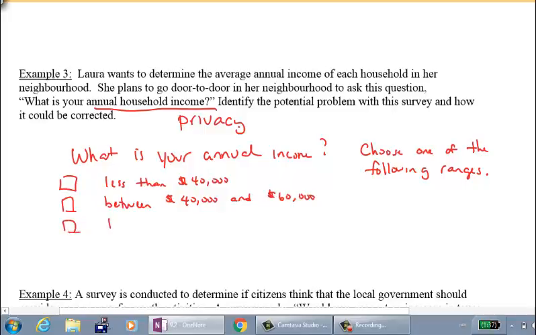Alright, you can have something between 60,000 and 100,000 perhaps. And then you can say, hey, more than 100,000. So here you're still getting an idea of what their household income is, but you're not getting the exact amount. And people might be more willing to share this type of information with you.